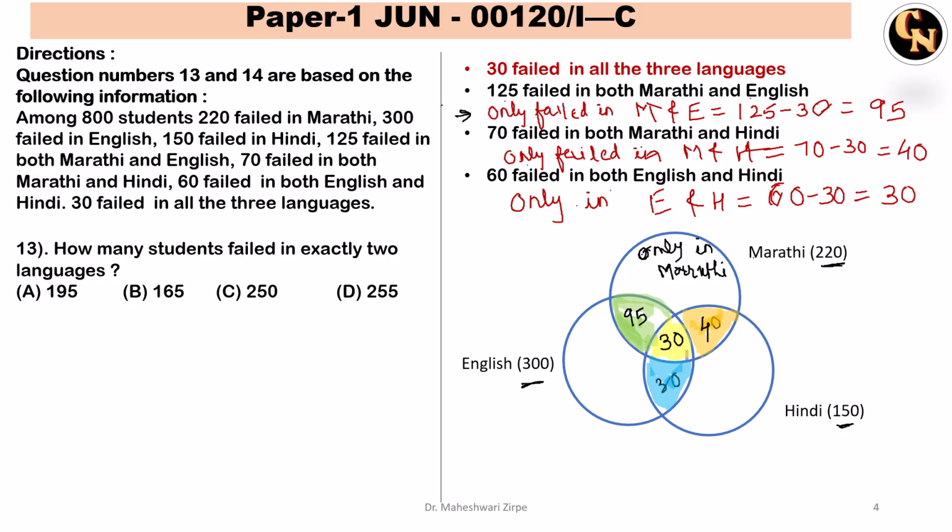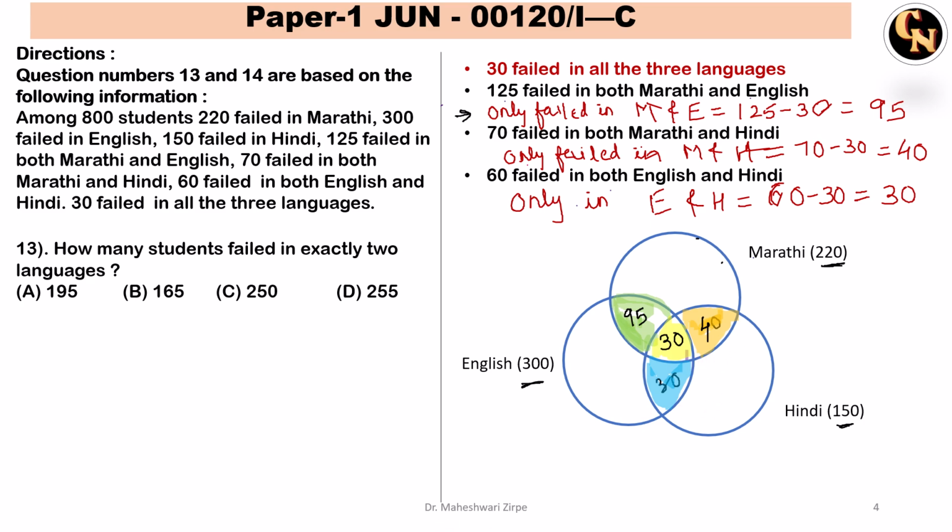Now only in Marathi, what can you do? You can simply write down this white part which is here. Let me highlight this part, it will indicate only failed in Marathi, whereas this white part of the circle will indicate only failed in English. Similarly, this part will indicate only failed in Hindi. How can we calculate it? It is very simple.